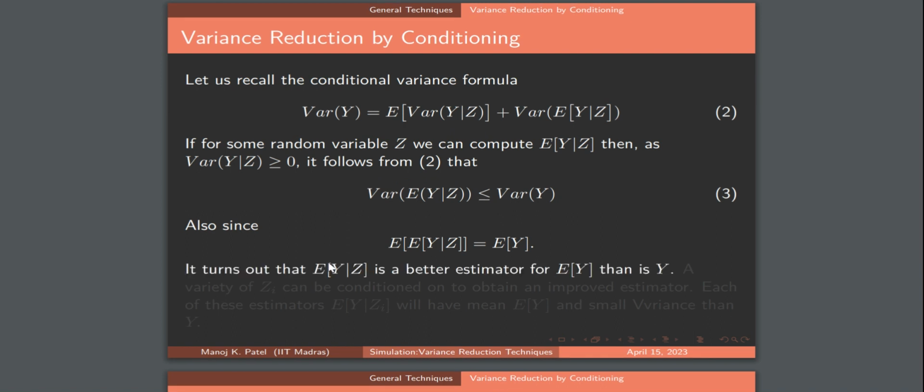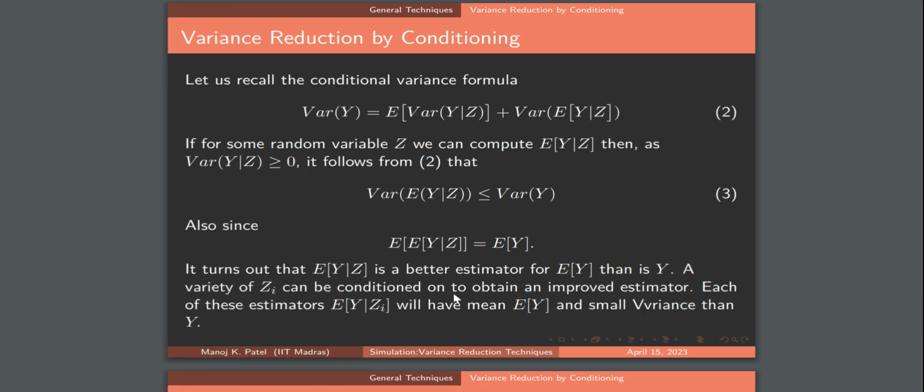It turns out that this is the better estimator than Y. A variety of Z_i can be conditioned on to improve the estimator. Each of these estimators will have mean E[Y] and a smaller variance than Y.